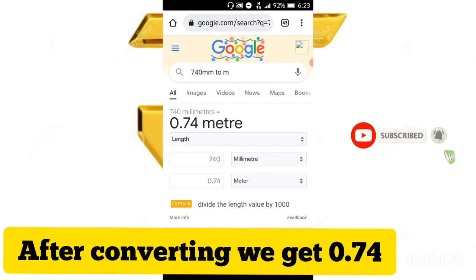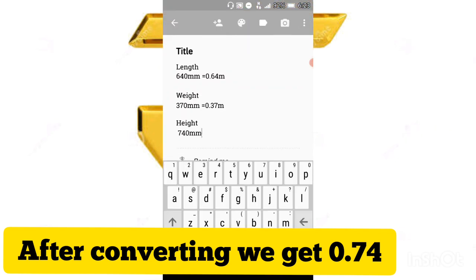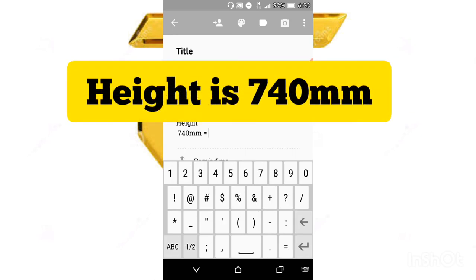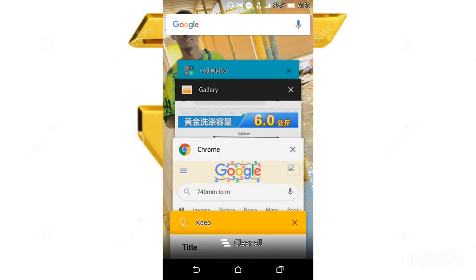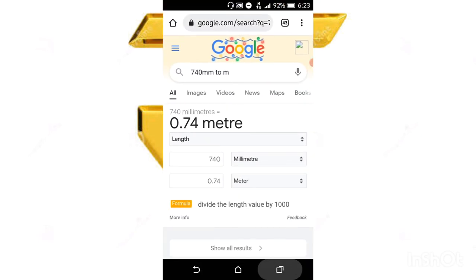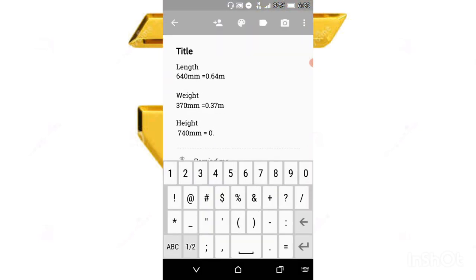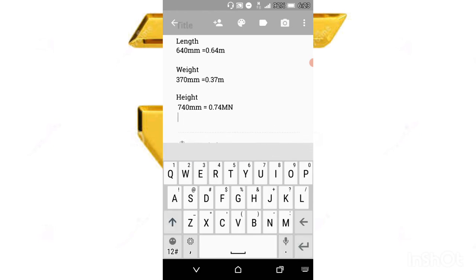We get 0.74 meter for our height. I hope you are following, guys.